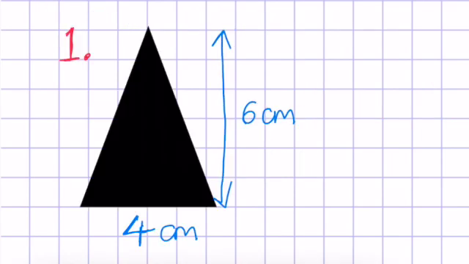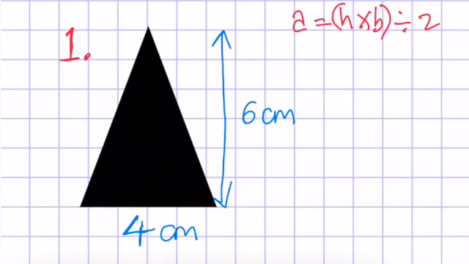Okay, so you are going to be writing the number of each of these problems. You're going to do your working out to find the area of each triangle, and then I'll go through the answers. So number 1, I want you to find the area of this triangle. You do not need to draw the triangle, you can just do your working out. So remember, area equals height times base divided by 2. Have a go and then we'll work that out.